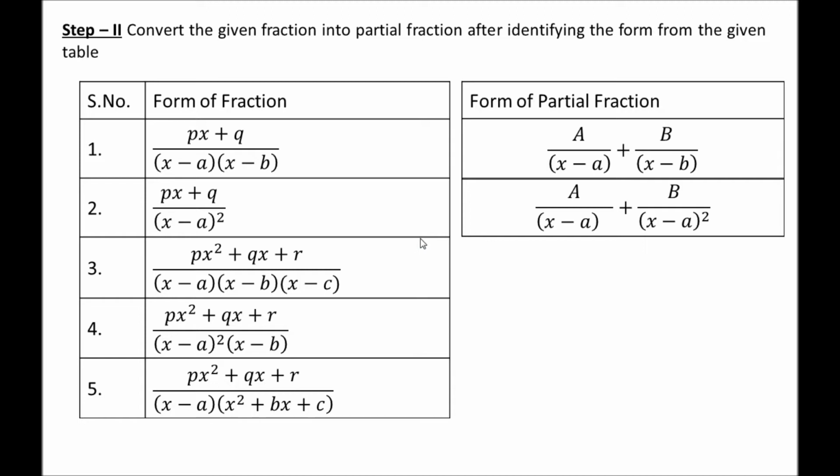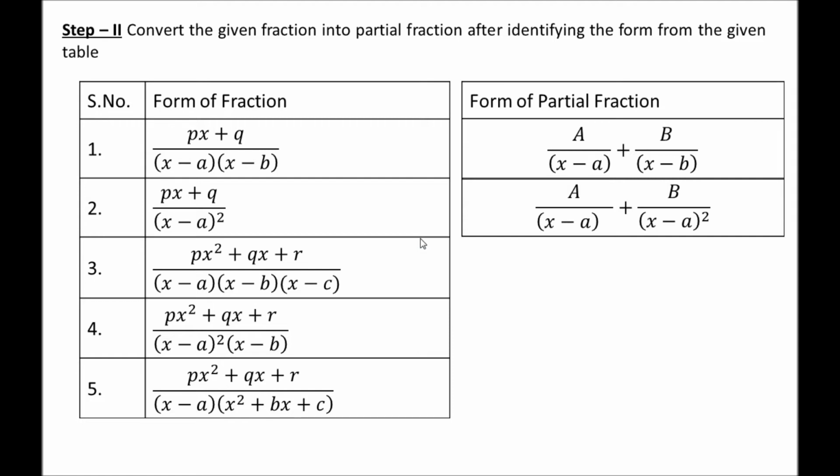Students, the LCM will be x minus a and the numerator will be a plus b. It means I will get a fraction which will be constant upon linear, whereas our original fraction was linear upon quadratic. Hence, we cannot take x minus a as the denominator of the second partial fraction. That's why x minus a whole square has to be taken.